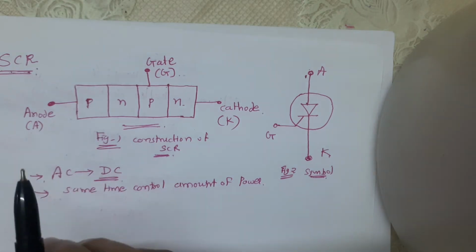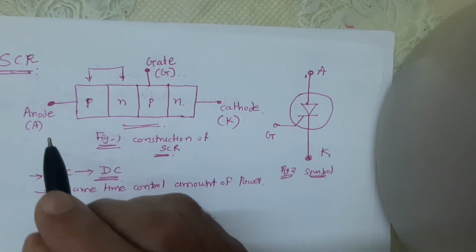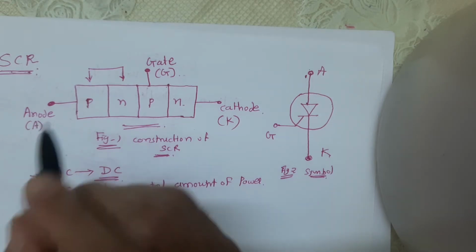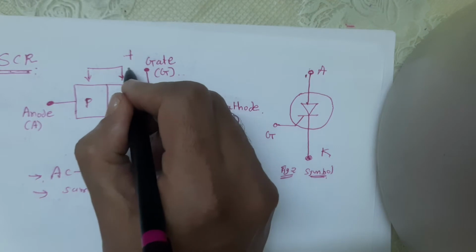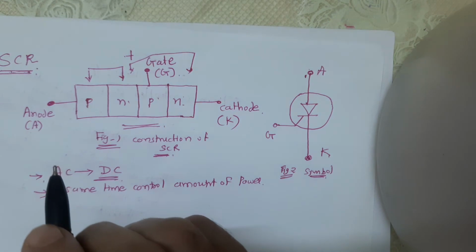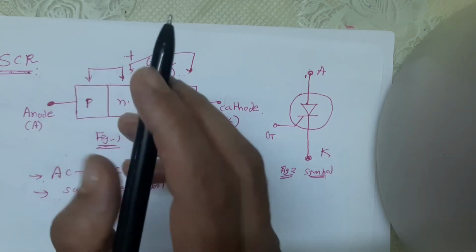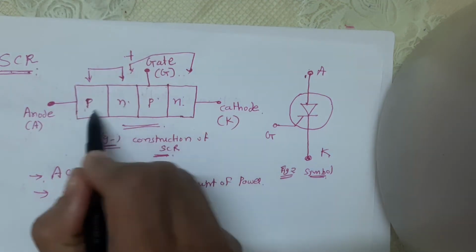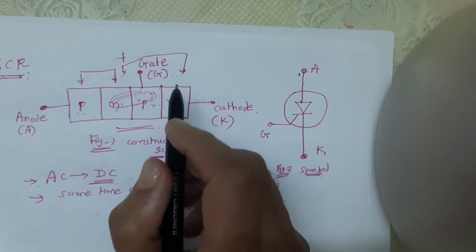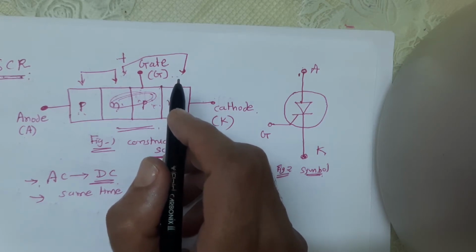That means this PN junction is added to a junction transistor, NPN, giving the first, second and third PN junctions.